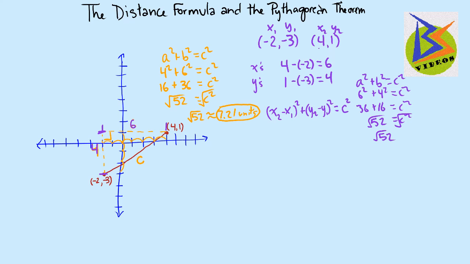Now from here we can take the square root of both sides. So then it becomes c equals, I'm just going to flip that around so you can see it a little bit easier, c equals the square root of (x sub 2 minus x sub 1) squared plus (y sub 2 minus y sub 1) squared. And so this right here is the distance formula.